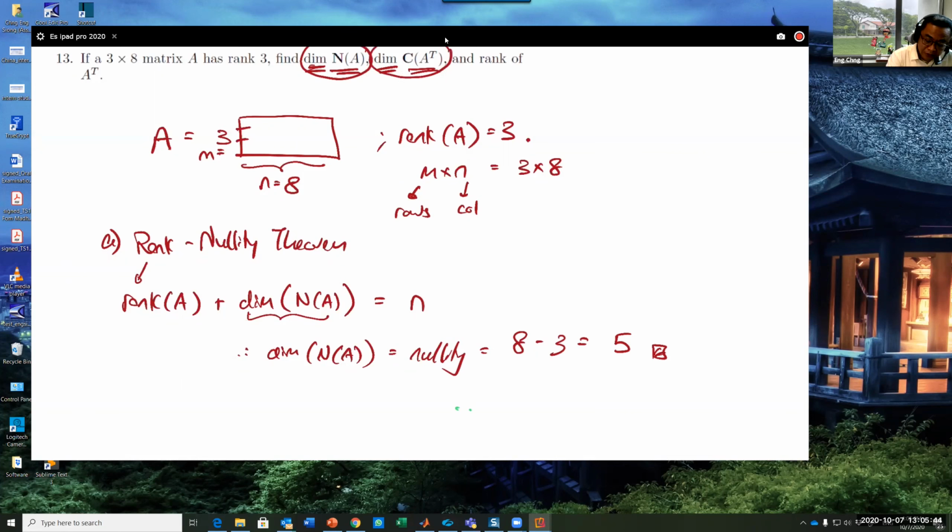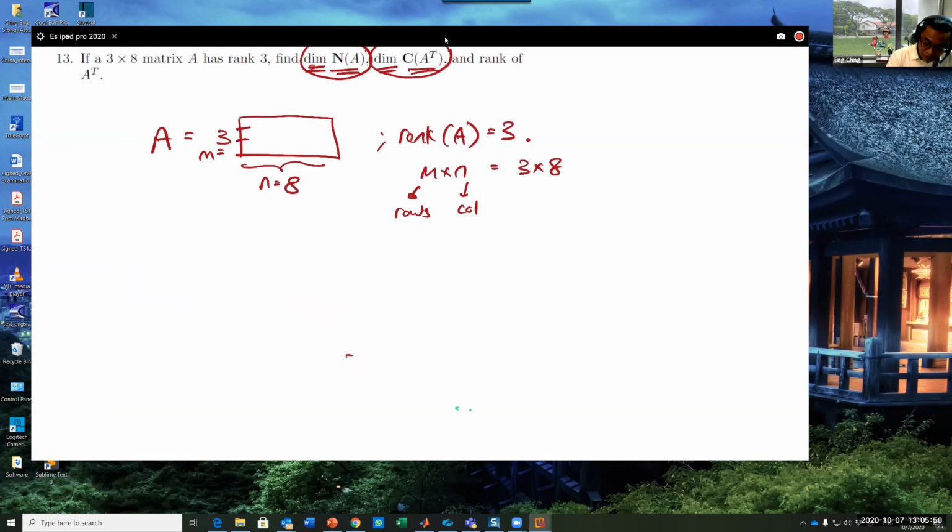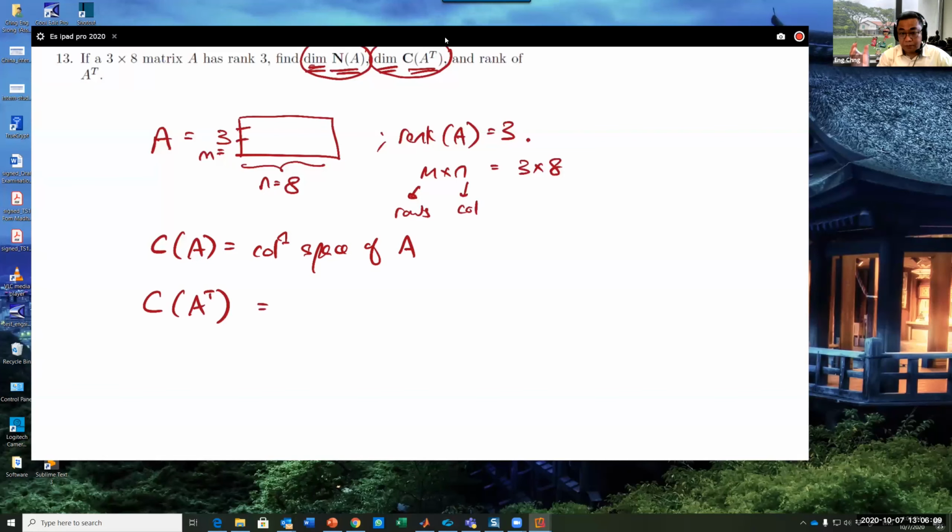What about the dimension of this one? What is C of A? It equals the column space of A. What is C of A transpose? What it means is that you take A and transpose it. A^T means you transpose A. So now I'm trying to find the column space of this matrix.